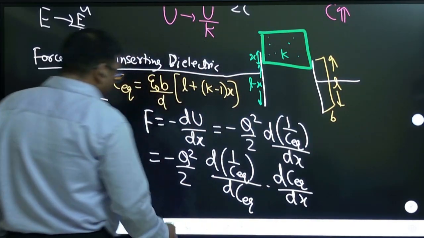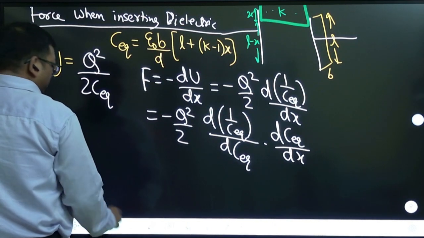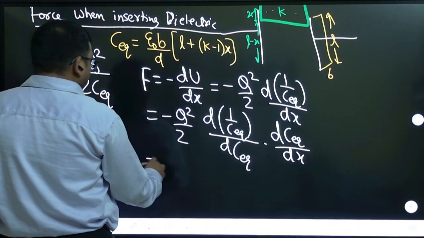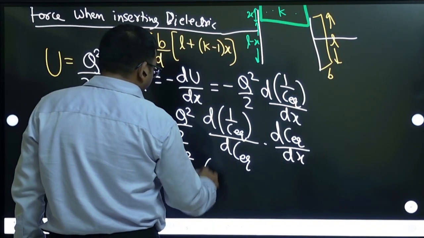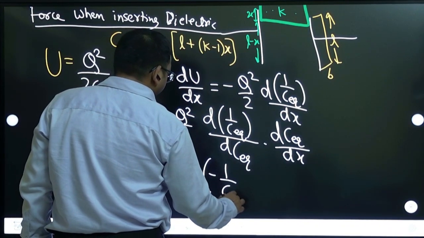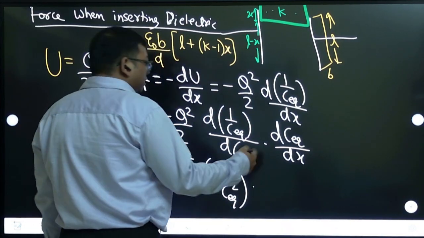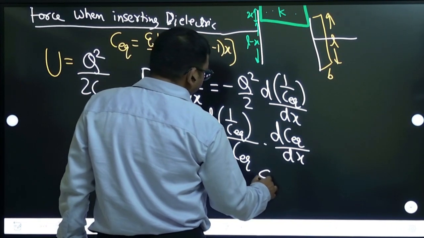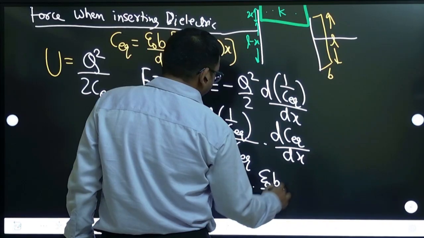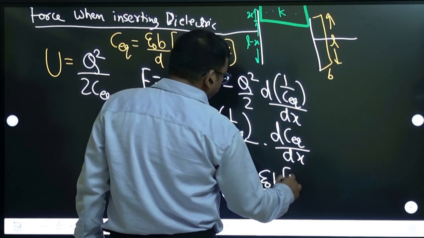Let us apply this chain rule. So minus Q square by 2, differentiation becomes minus 1 by C equivalent square. Then differentiation of C equivalent, we have already calculated: epsilon naught B by d, L differentiation 0, this is K minus 1.